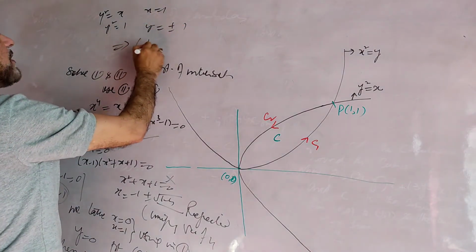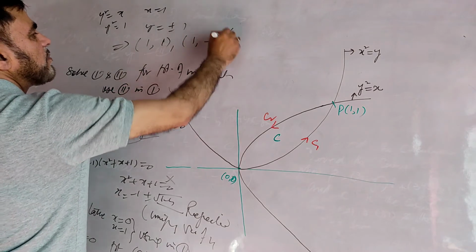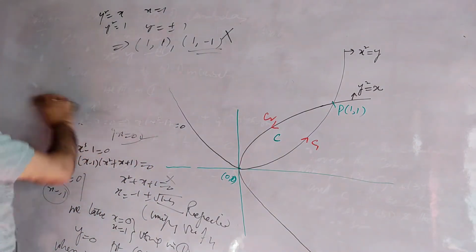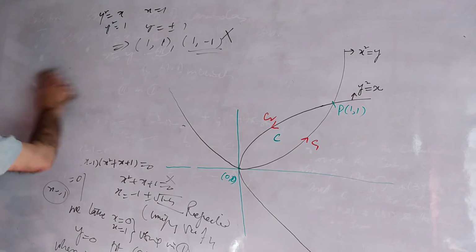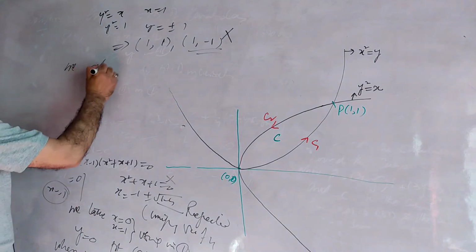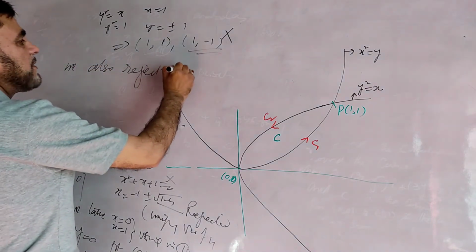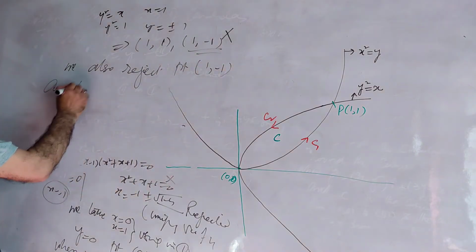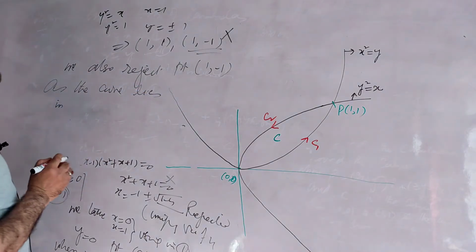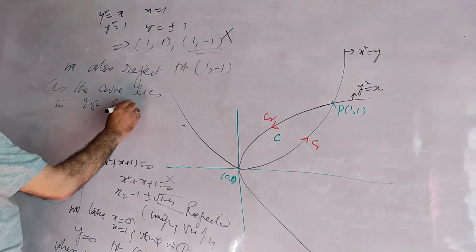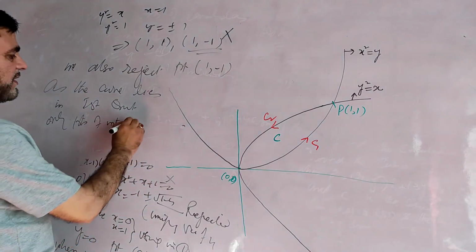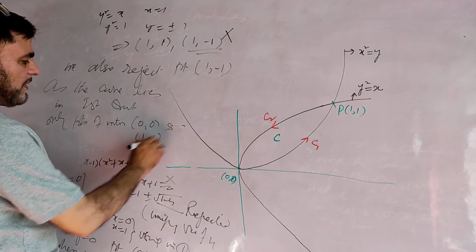So in this case I get the points 1 1 and 1 minus 1. This is also not used because our curve lies in the first quadrant, as we have seen. We also reject point 1 minus 1 as the curve lies in the first quadrant. So the only points of intersection of the curves are 0 0 and 1 1.